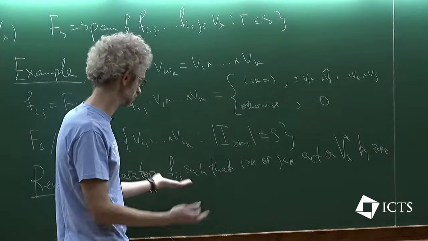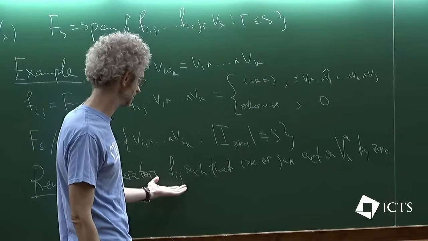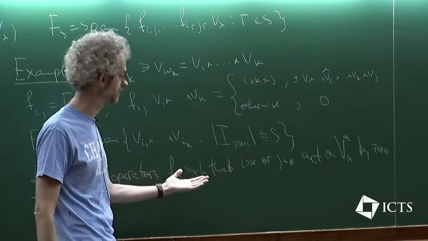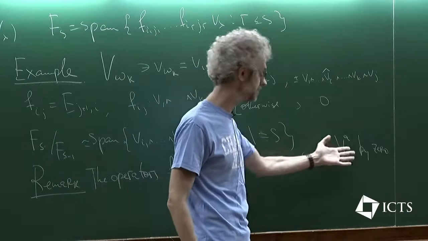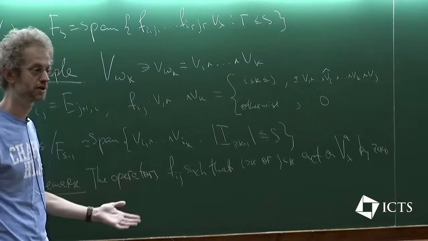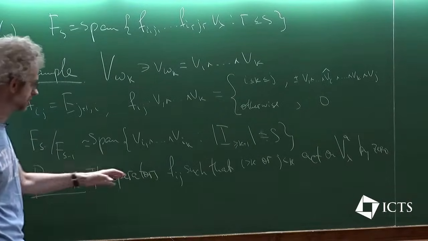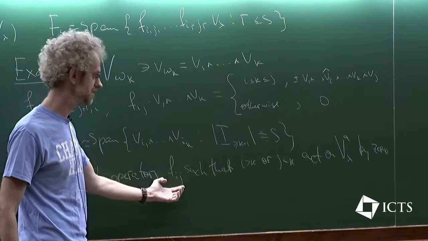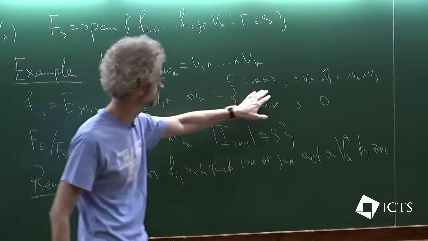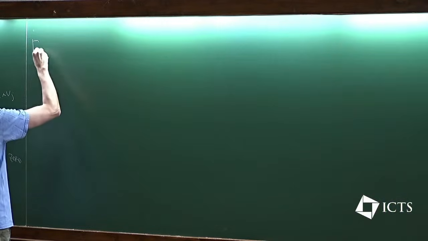So for example, all f_ij's act non-trivially in principle on V_lambda. You can find a vector such that after you apply f_ij to it, you get something non-trivial. However, in this quotient, the only remaining ones which act are of this form. So let me show you a very concrete example.